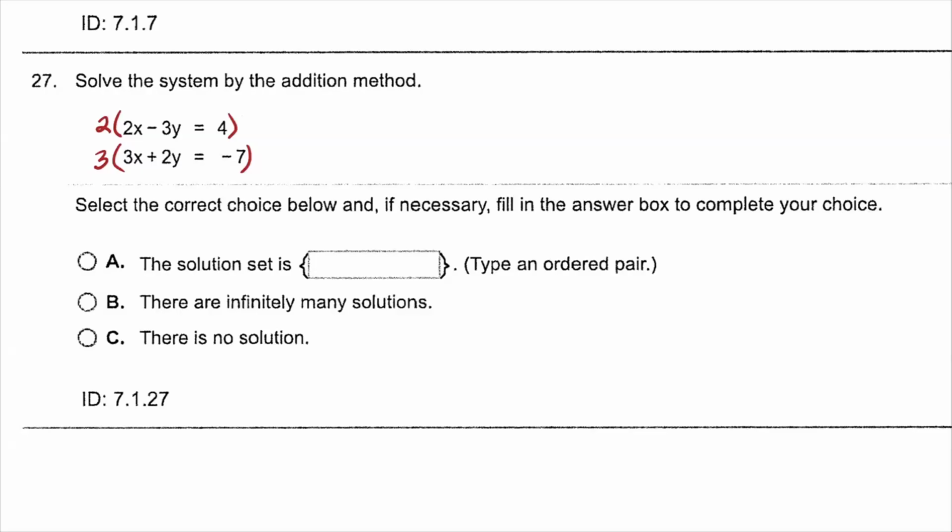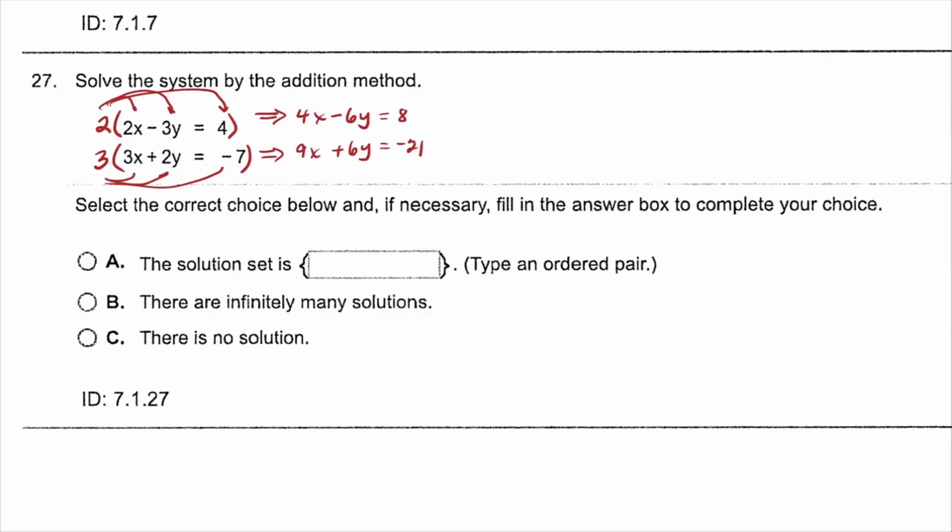So I'm going to multiply everything in the top equation by 2. So that gives me 2 times 2x, 4x, 2 times negative 3y, negative 6y equals 2 times 4 is 8. Then I'm going to distribute the 3 in the second equation. So that gives me 3 times 3x is 9x, plus 6y equals 3 times negative 7, negative 21.